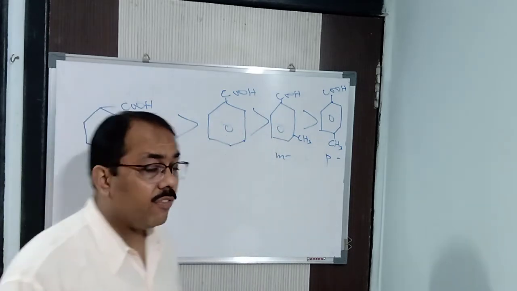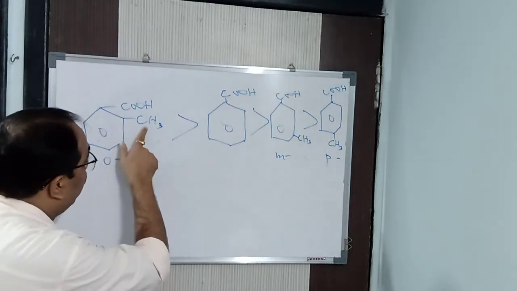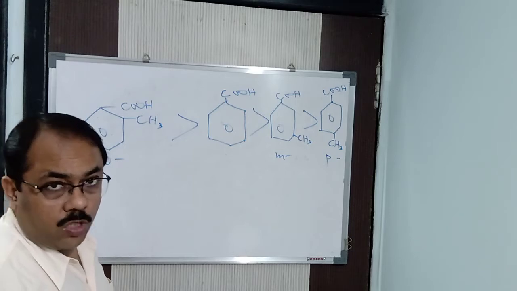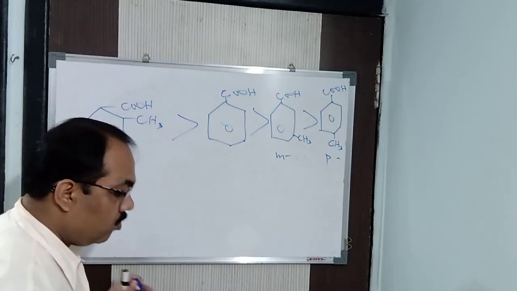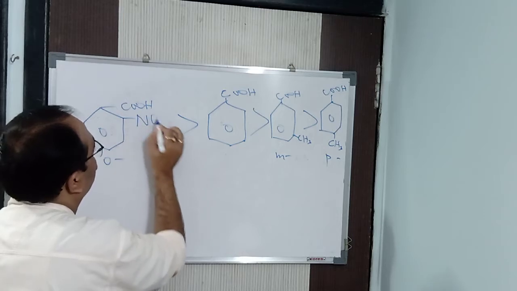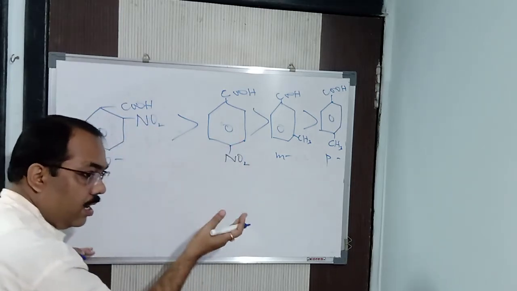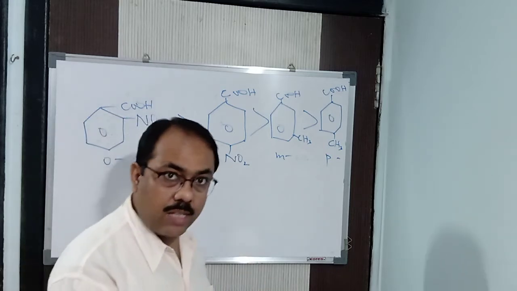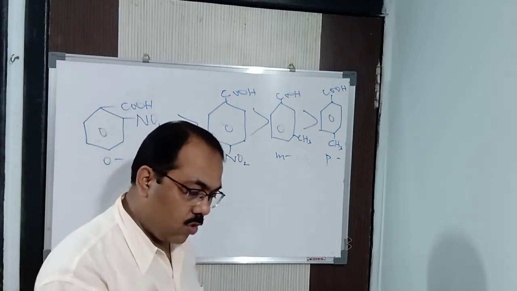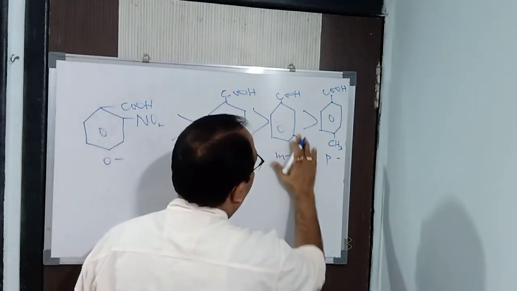Similarly, this was a donor group. If you have a withdrawing group like NO2, then what will happen? Here this will be stronger, NO2. Then para. You have read just now that para nitrobenzoic acid is stronger than meta. So here I have to change it.